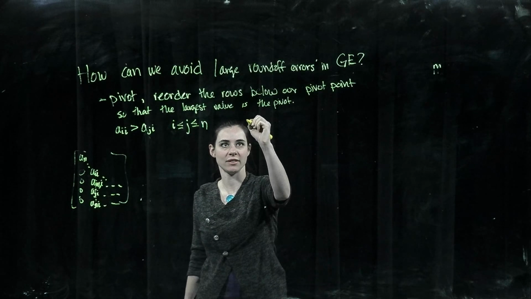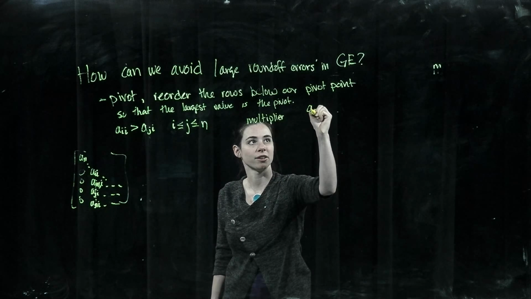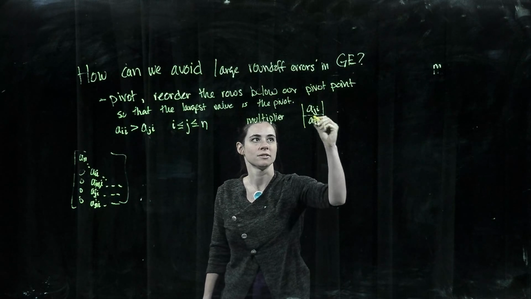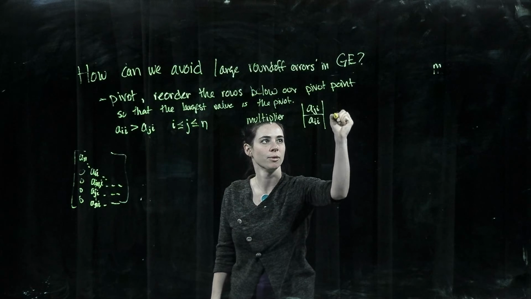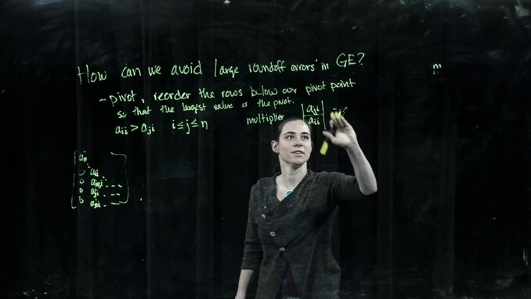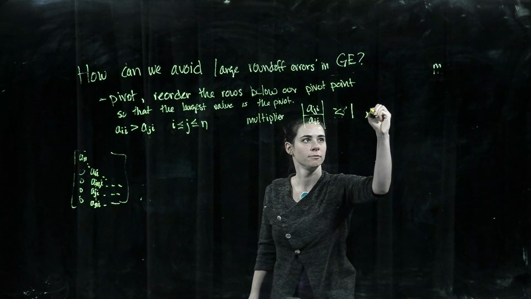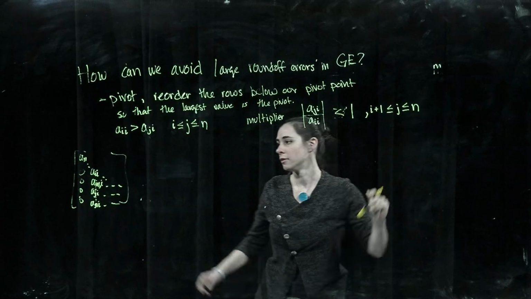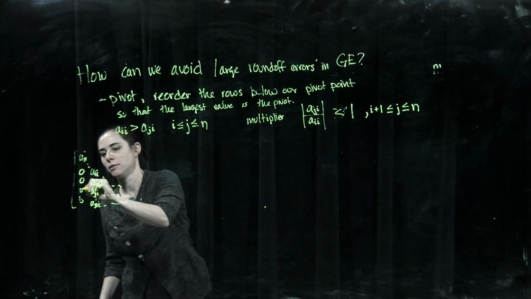Because this is going to guarantee that our multiplier, which would be calculated as A_ji over A_ii, since we're trying to guarantee that A_ii is always bigger than A_ji, will always be less than 1 for all of the multipliers that we have to calculate to perform the Gaussian elimination. Okay.